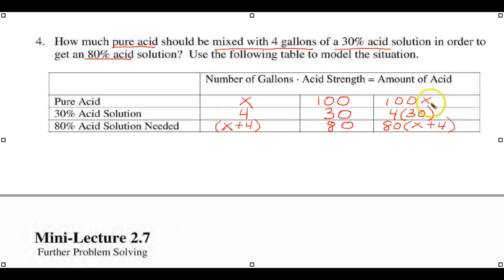And there basically is our equation: 100x, our pure acid number of gallons, plus 4 times 30, our 30%, to equal 80 times (x plus 4).